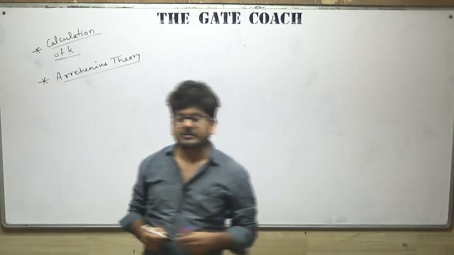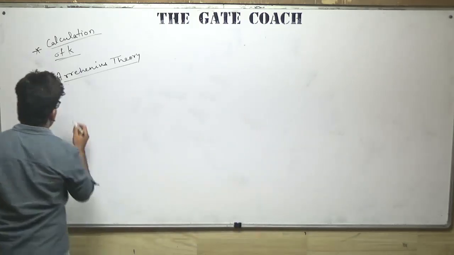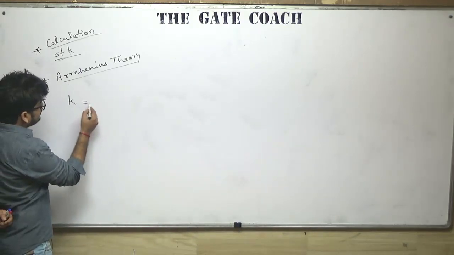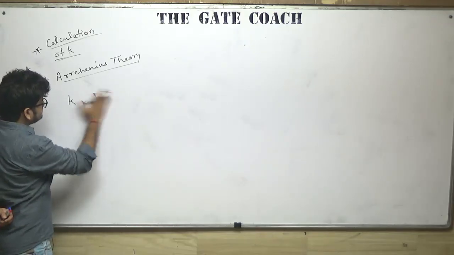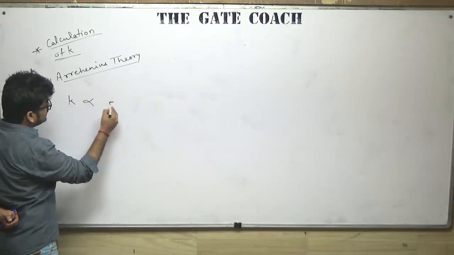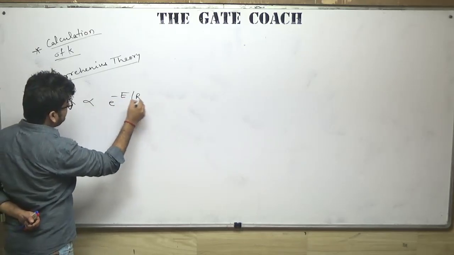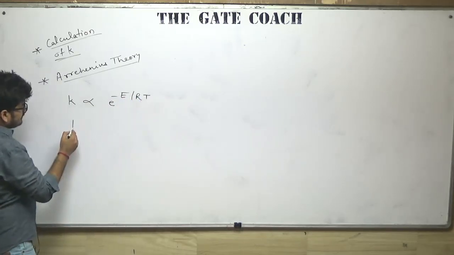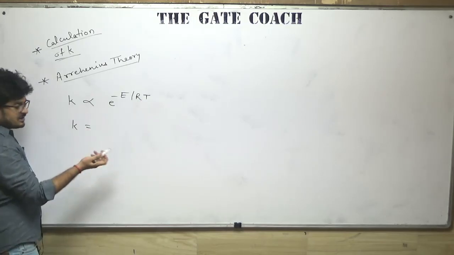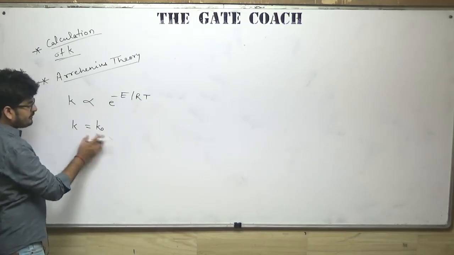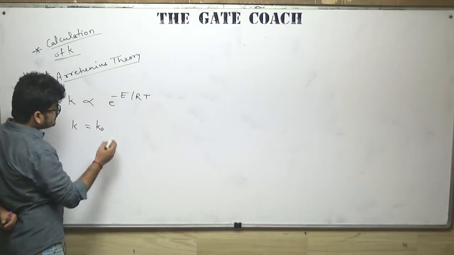According to Arrhenius theory, the rate constant K is proportional to e to the power minus E by RT. And when you remove this proportionality sign, you can have a constant of proportionality, let's say K naught.